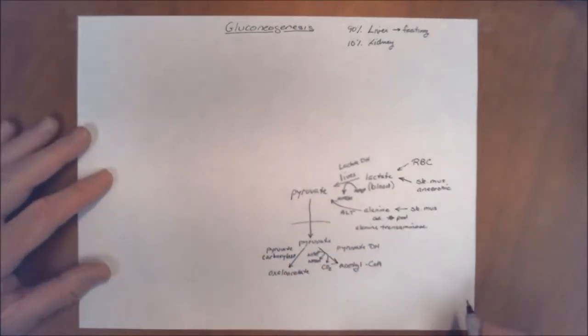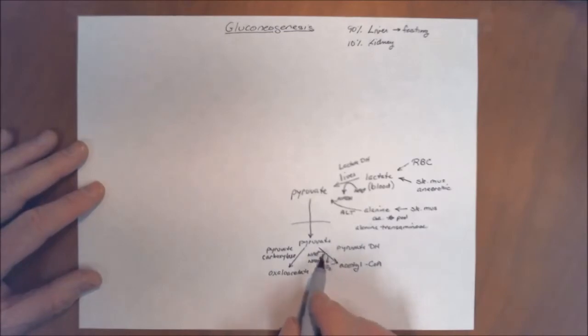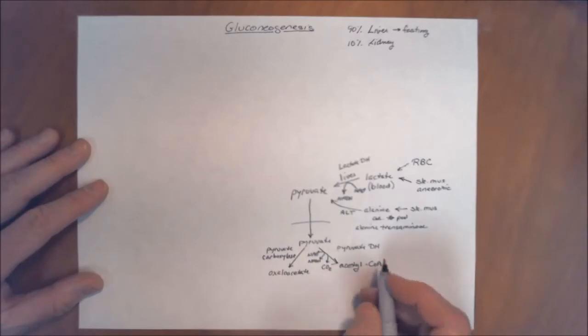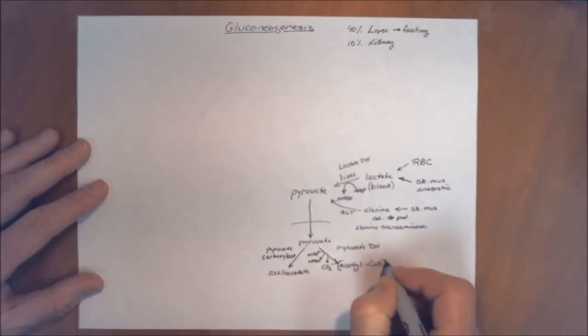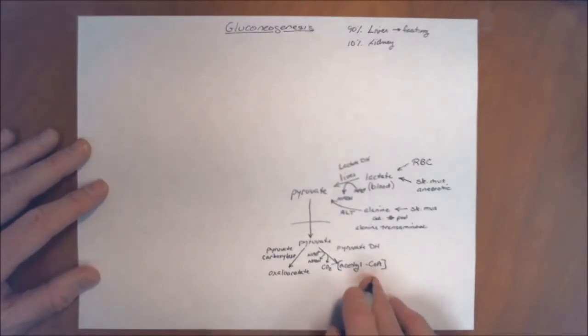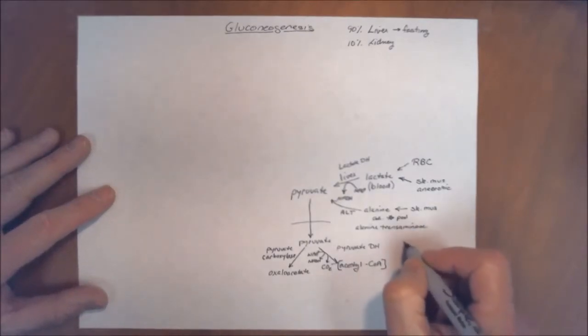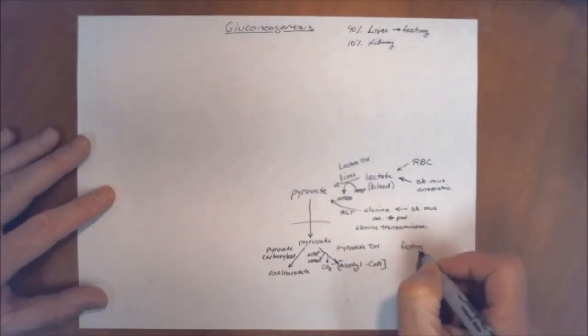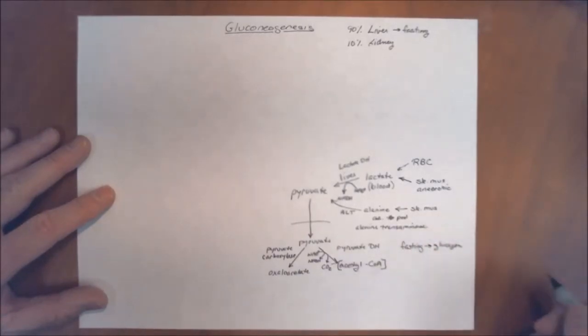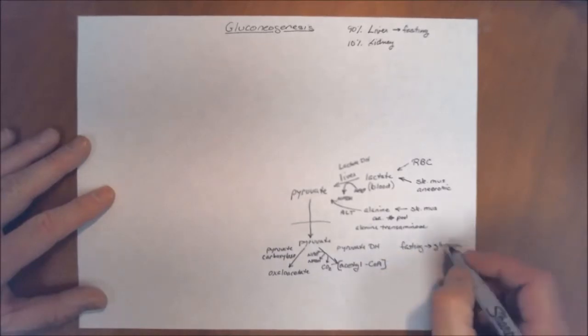Now, the question becomes, what decides the direction of pyruvate conversion? Does it go into acetyl-CoA or does it go down the oxaloacetate route? The direction is largely dependent upon the concentration of acetyl-CoA. The acetyl-CoA concentration in the liver mitochondrial matrix is exceptionally high in the fasting state. Recall that the fasting state is designated by the hormone glucagon.